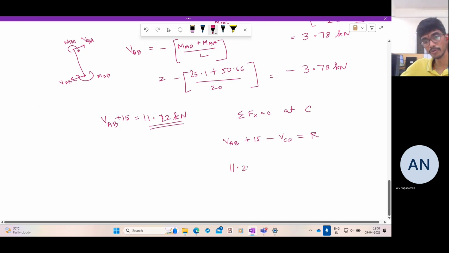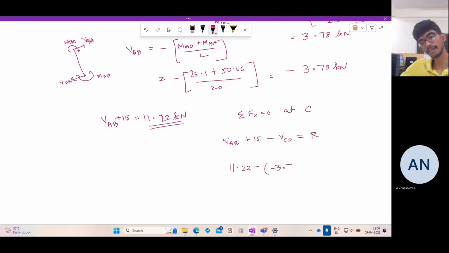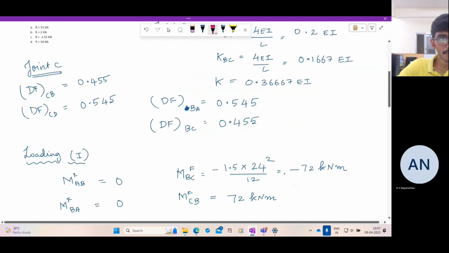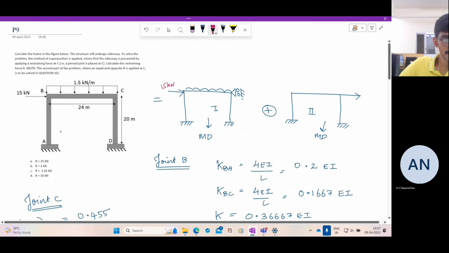So 11.22 minus 3.78 is equal to R. So R is equal to 15 kilonewtons. So this is the value of R. And which option does it correspond to? R is equal to 15 kilonewtons. This is option A.